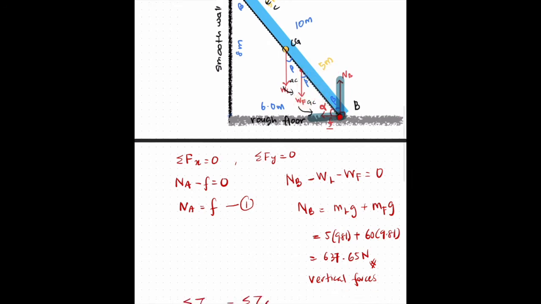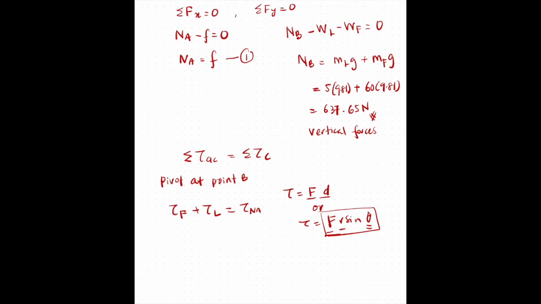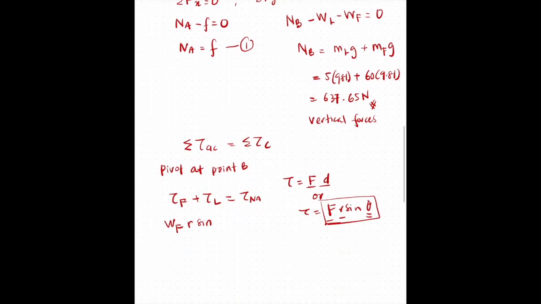Okay. Then just write our F here for torque F. Our F is WF, R sin, our theta is beta, plus for torque L, weight of ladder times R sin also beta.